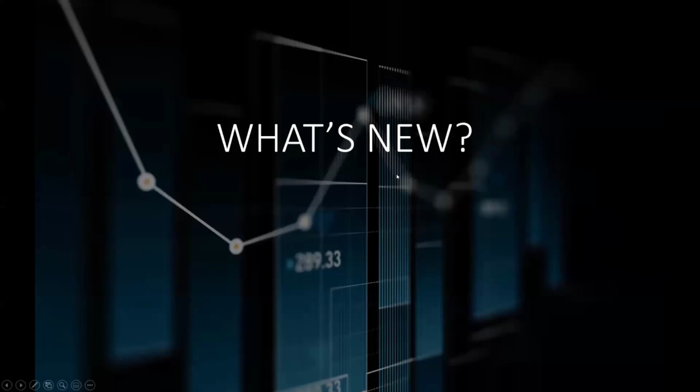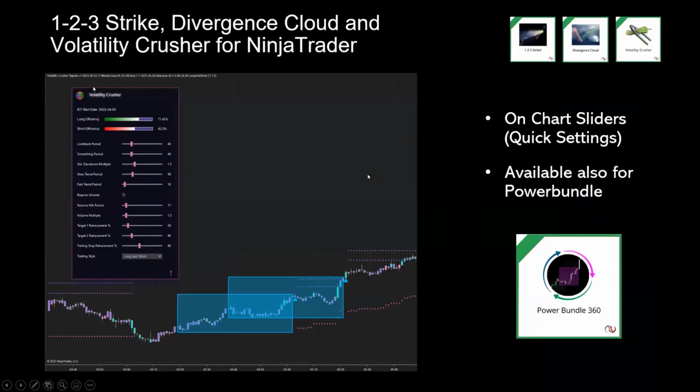So what's new at Trading Indicators? I'm going to keep this relatively quick. In the last couple of months, we have released a new version of our 1-2-3 Strike, Divergence Cloud, and Volatility Crusher indicators for NinjaTrader. In this new version, you have these awesome sliders, similar to ModifWave, which allow you to change your settings on the fly.